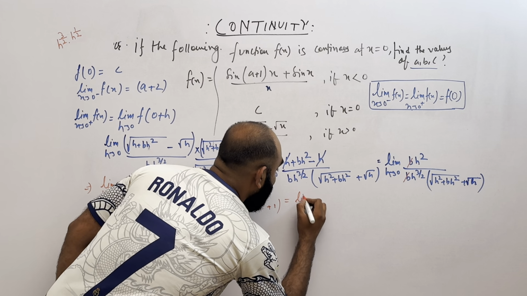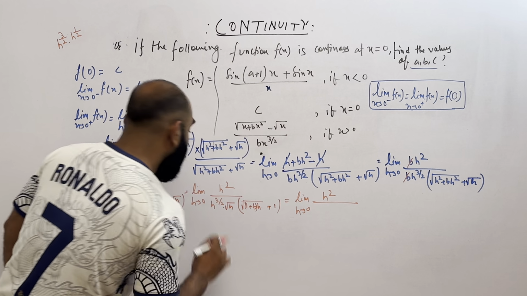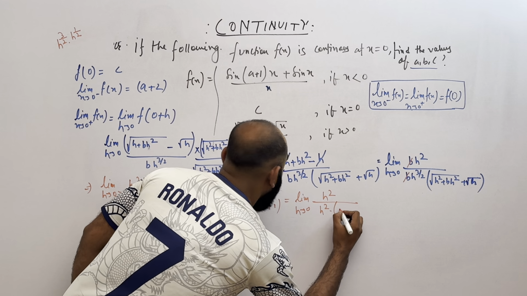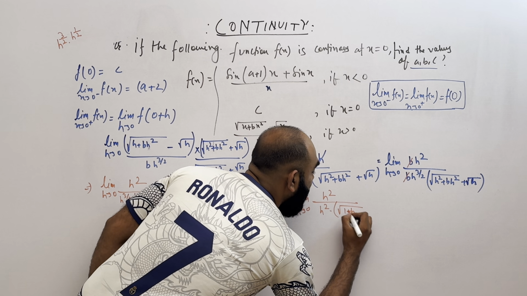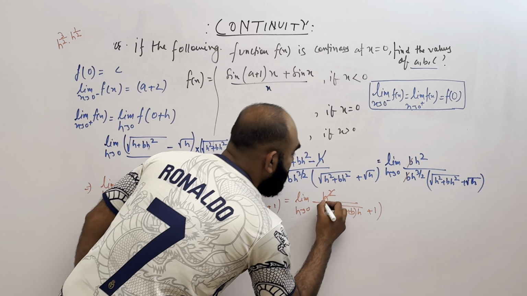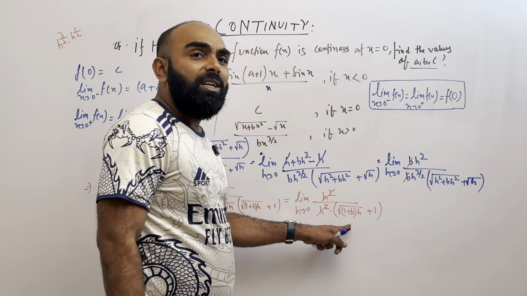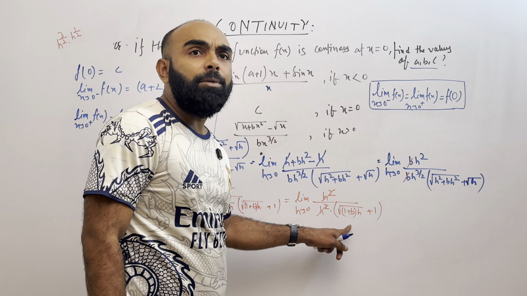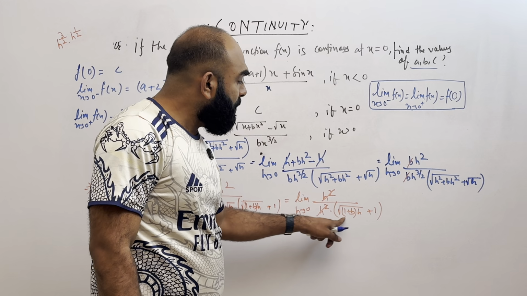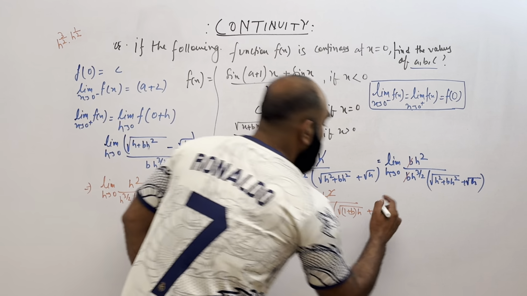So limit h tends to 0, h square divided by h to the power 2 into 1 root over 1 plus b into h plus 1. This h square cancels. Now if I keep the limit h tending to 0, does the denominator become 0? No, sir, if you keep h as 0, this part will be 0, but 0 plus 1 is 1. So the answer is 1 by 1, which is 1 only.